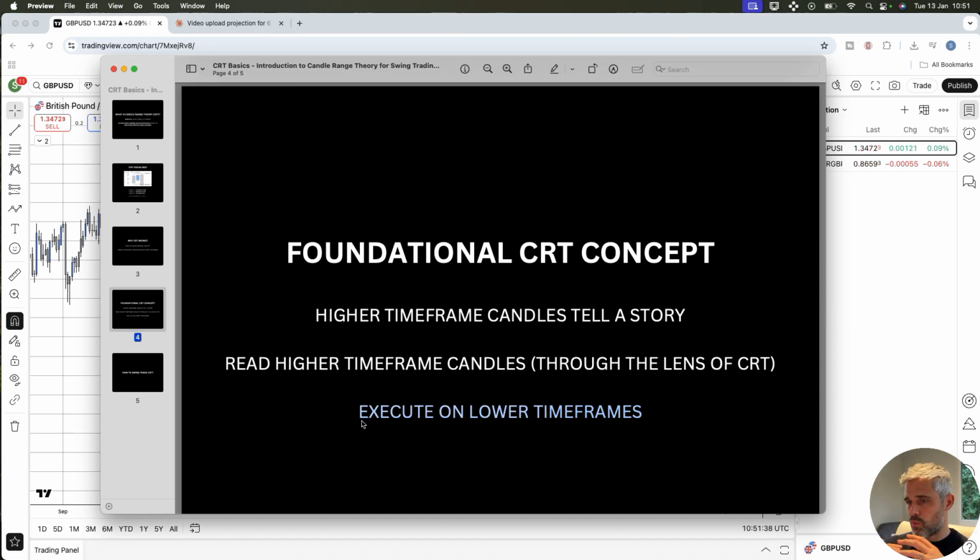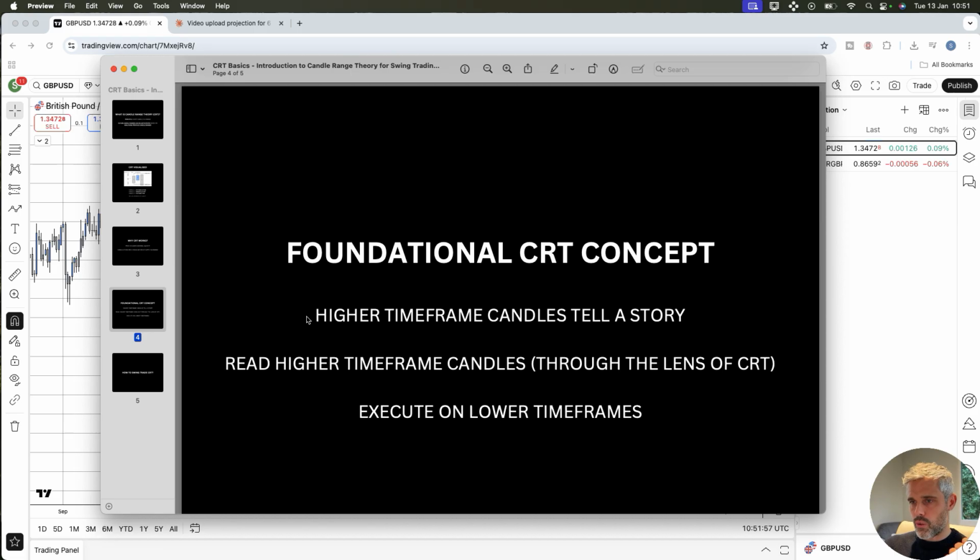So we can then use probably all the things that you're already using, things like structure shifts, internal range liquidity, to plot entry points and exit points using those higher time frame candles as the fuel that's going to get us there, and to actually target levels in the market that make sense.